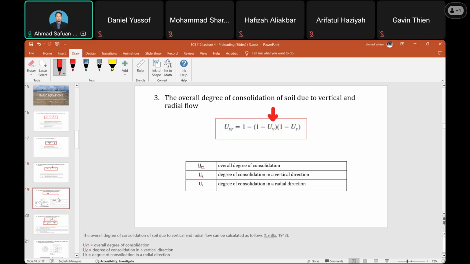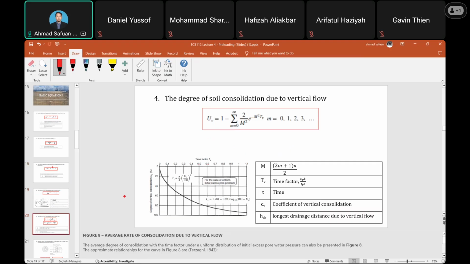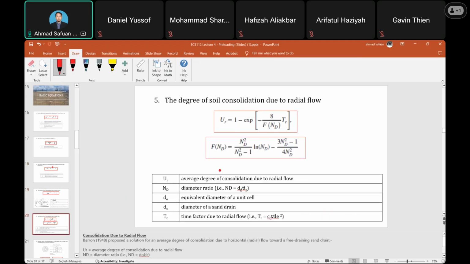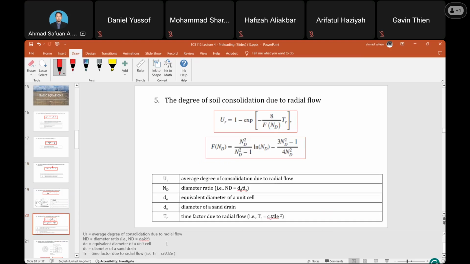So this is for the UV, and this is for the UR. What is F? This is F of ND, the function of ND. ND is the diameter ratio, which is DE over DC. What is DE? DE is the equivalent diameter of a unit cell.